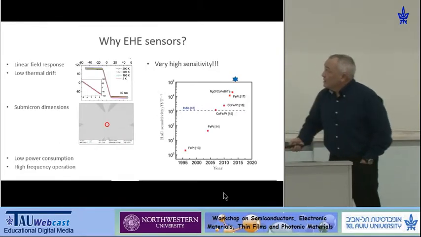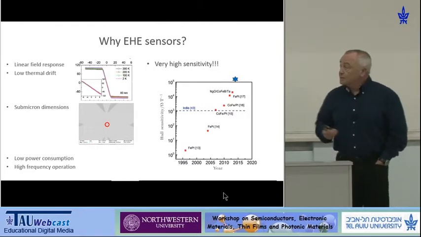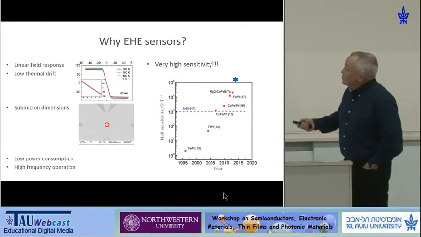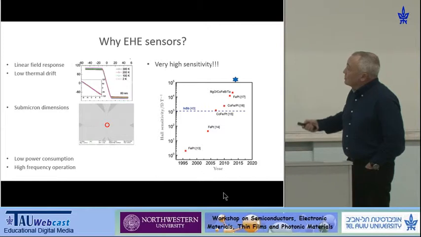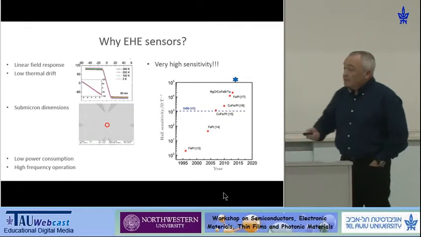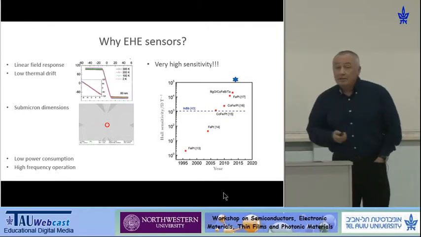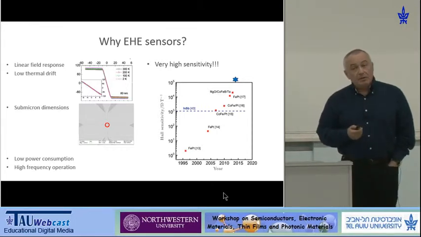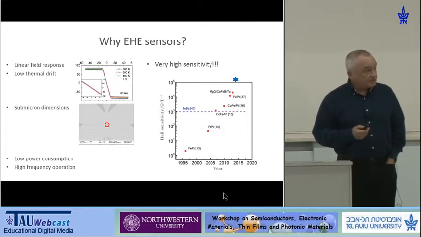Now, regarding the sensors, why sensors? Well, it is very linear. One of the great disadvantages of semiconducting Hall effect sensors is their sensitivity to temperature.